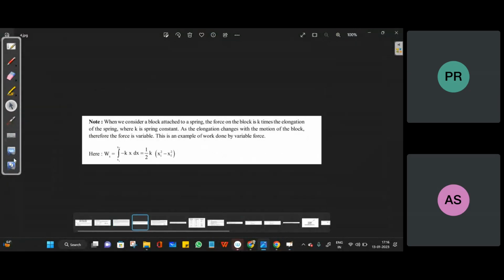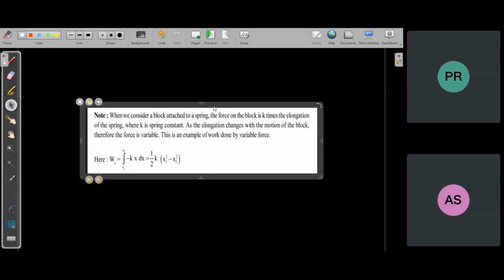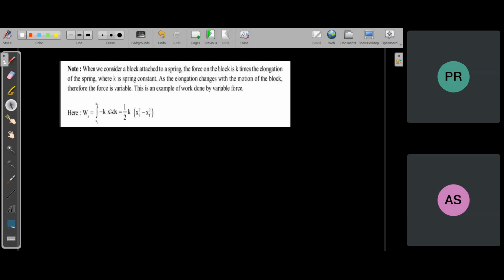next. In the same way, you can take an example of a spring, the elongation of a spring, and you can calculate the work done by the spring force in changing the elongation of the spring from, let's say, x1 value to x2 value. Suppose this is a vertical wall and a spring is attached here.